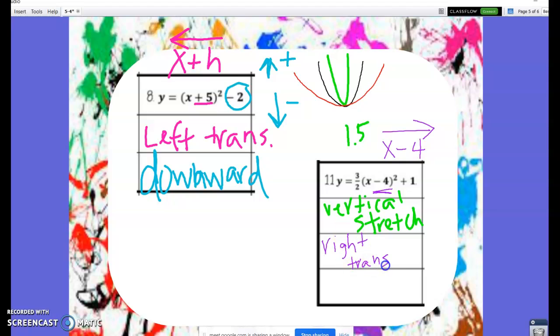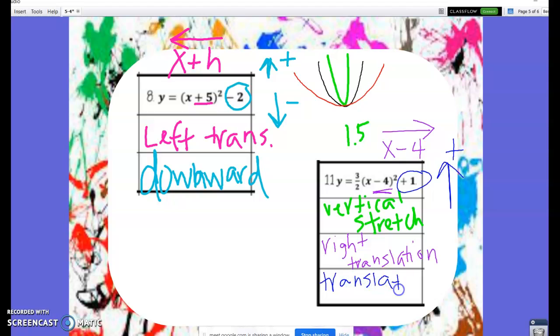And then lastly, we're going to look at the plus k value at the very end of the equation, and that is plus 1. So remember, plus 1 is going to tell us up or down. And since it's positive, we're going to go up. So that's going to be, I think they call it a translation upwards.